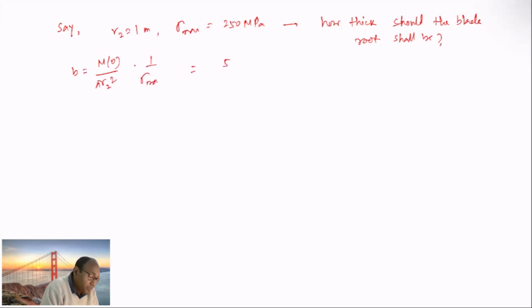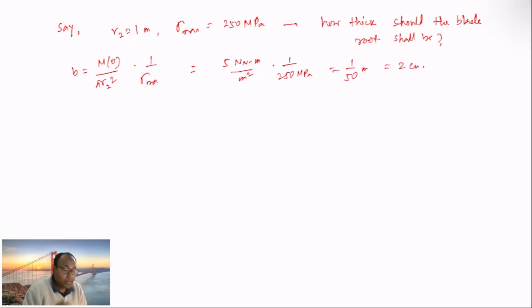So if you put 5 mega Newton meter by 250 megapascal, 1 by 50 meter, around 2 centimeter. So you can easily estimate how thick the root of the blade could be.